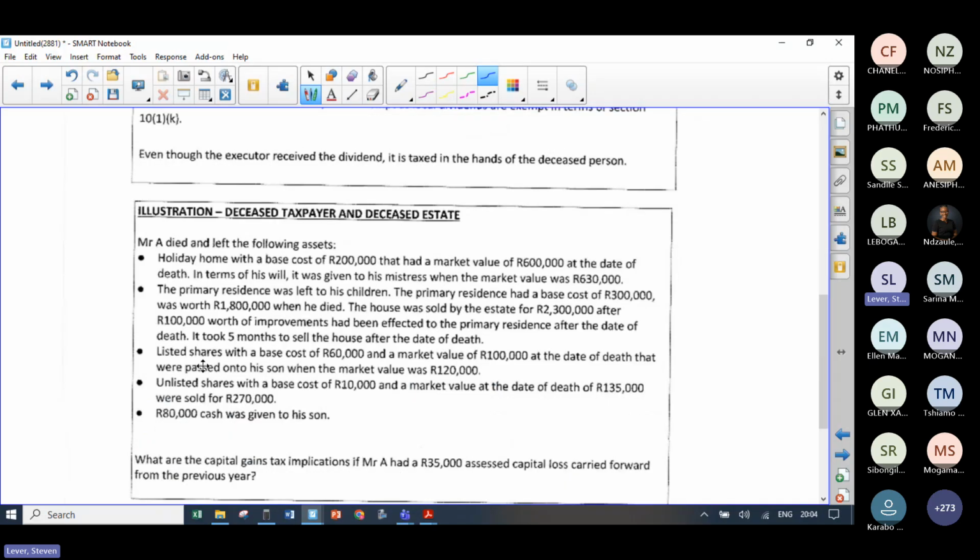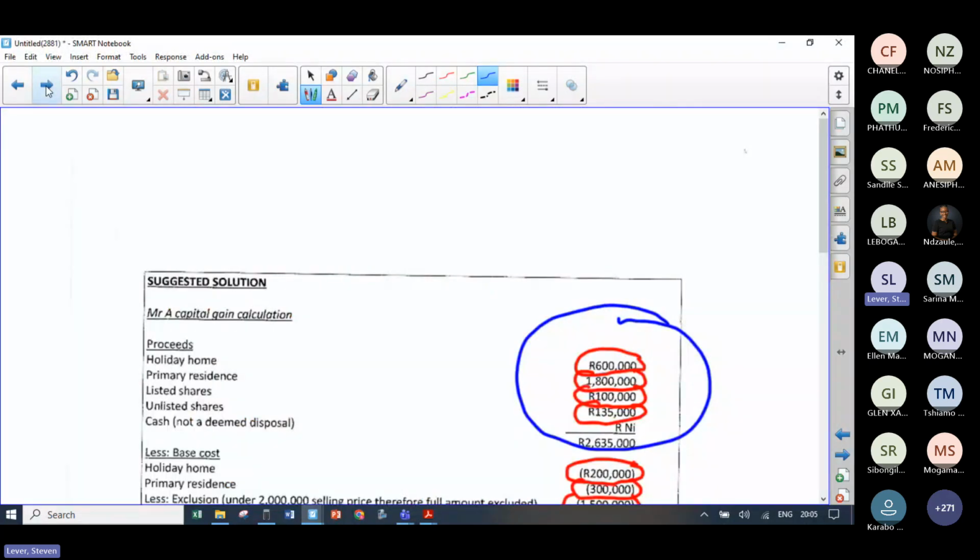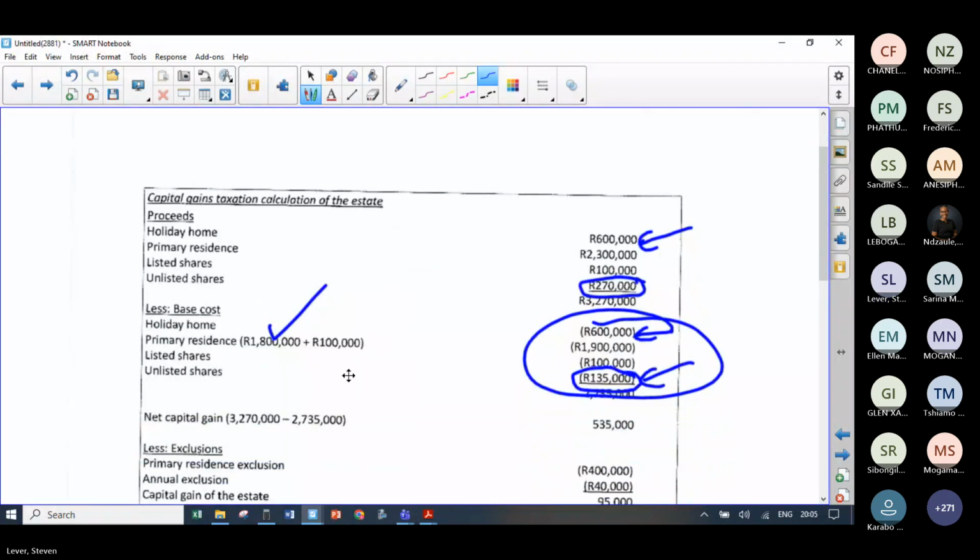So what it says here is the house was sold by the estate for 2.3 after 100,000 worth of improvements had been effected onto the primary residence after the date of death. It took 5 months to sell the house after the date of death. Guys, you'll just do it normally. What is my base cost? My base cost is the 1.8 million that he got it for, plus the 100,000 rands worth of improvements. I'm going to include it there.